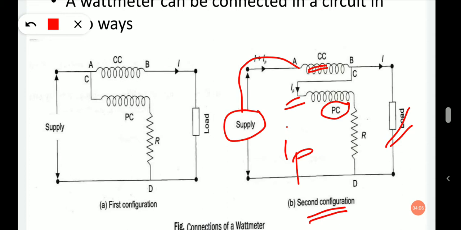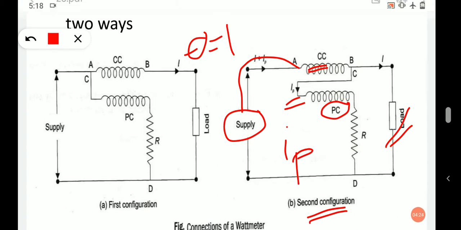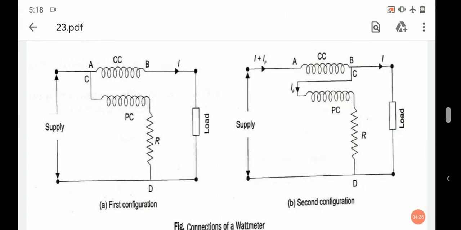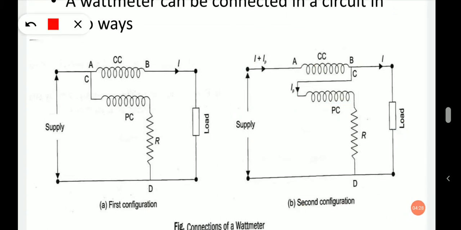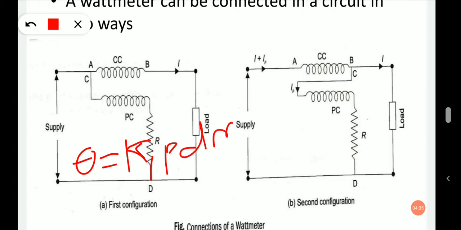Now we know the equation about the deflection torque. In that we have seen theta equals k1 P dM by d theta.